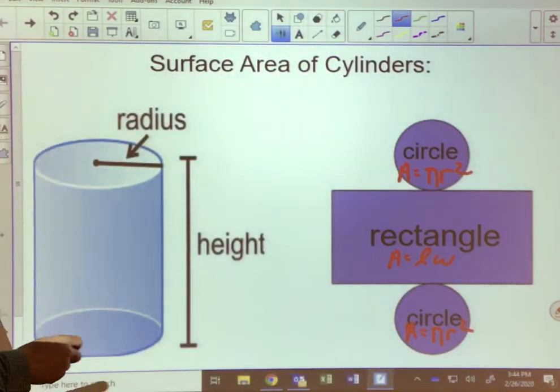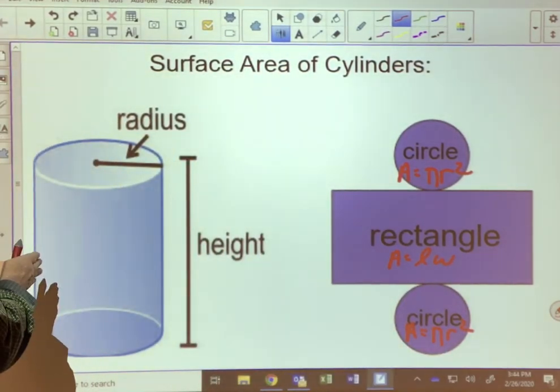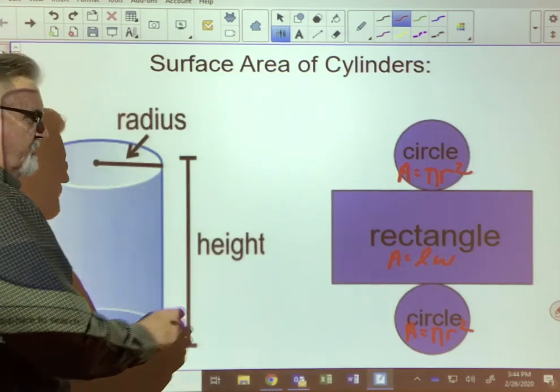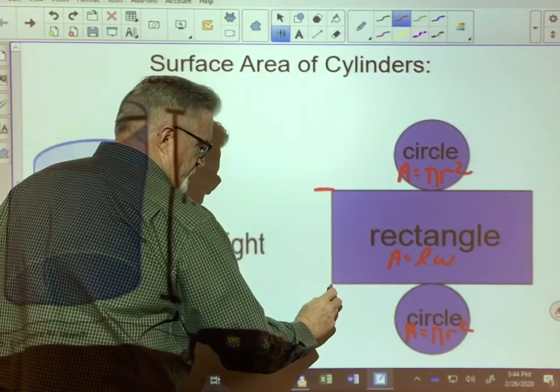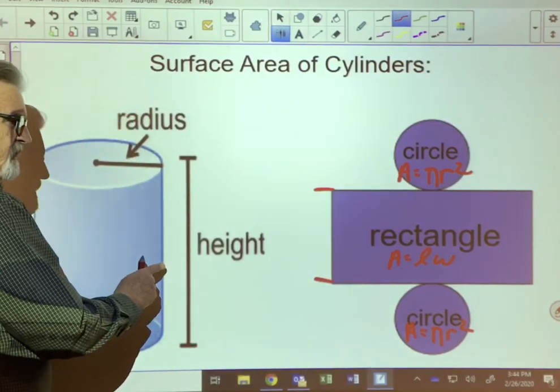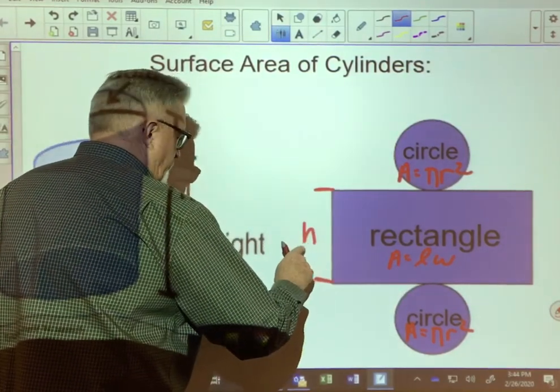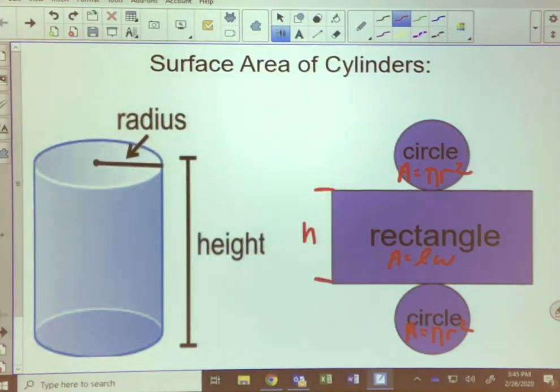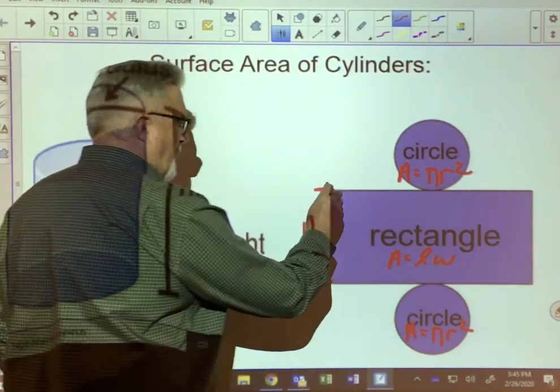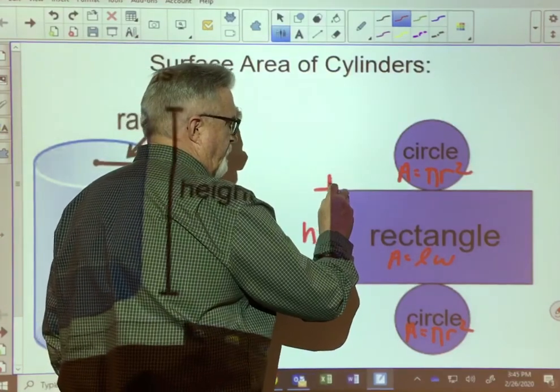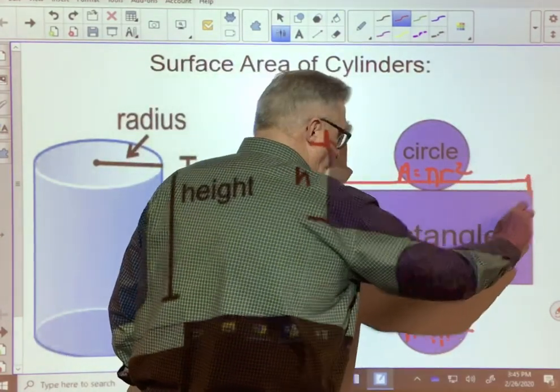Well, if I'm looking at this rectangle compared to this cylinder, I notice that this distance here is the same distance as the height of the cylinder. So for one of these measurements, I can plug in the height of the cylinder. For the other distance, I need to know how far it is from here down to here.